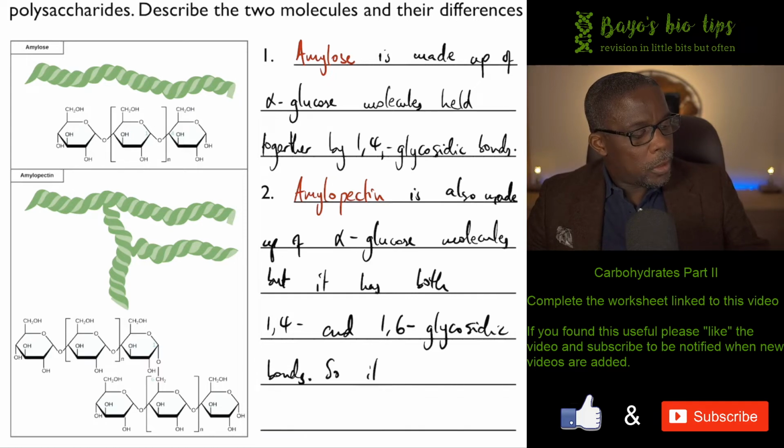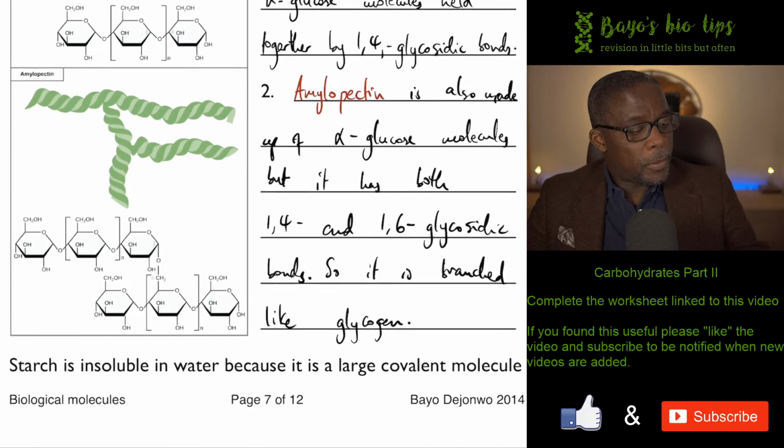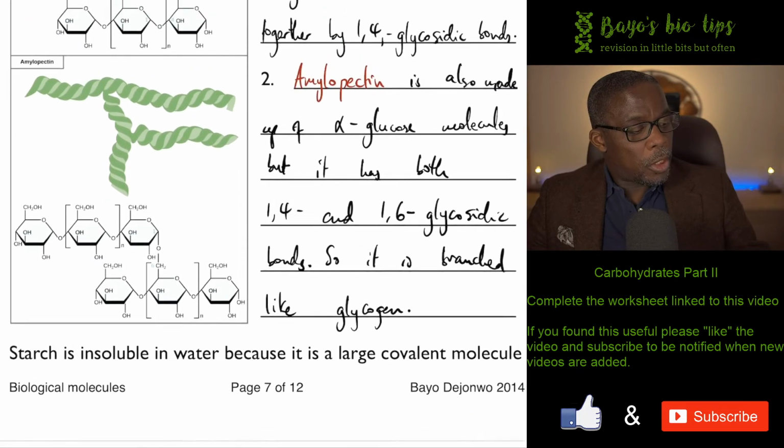So it is branched like glycogen. However, unlike glycogen, it has fewer 1,6 glycosidic bonds, so it has fewer branches, and we'll talk more about that later. So starch is insoluble in water because it is a large covalent molecule.